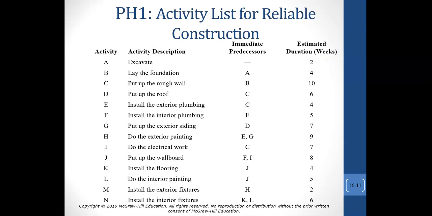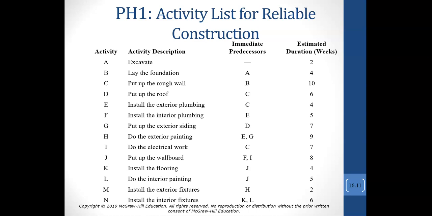So what Reliable Construction Company employees have done is they have identified all of the activities that need to be performed in order to build this manufacturing plant. So you can see that the activities go from A through N, and they each have a description. They have to excavate, lay the foundation, put up the wall.